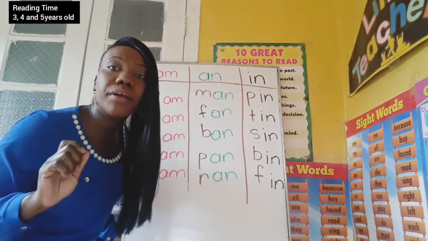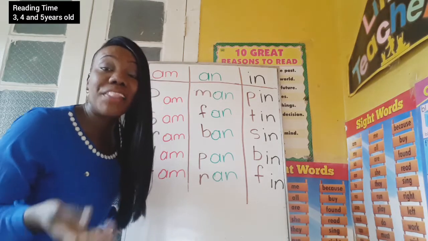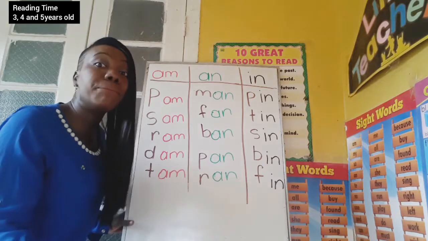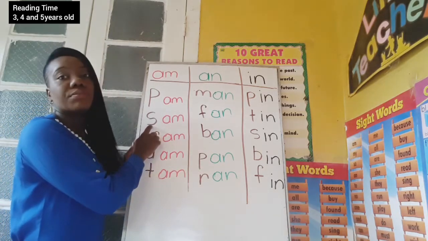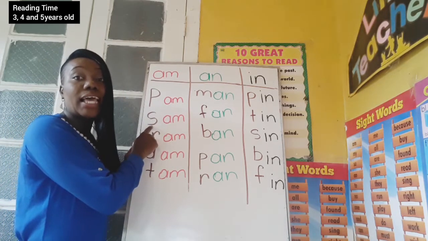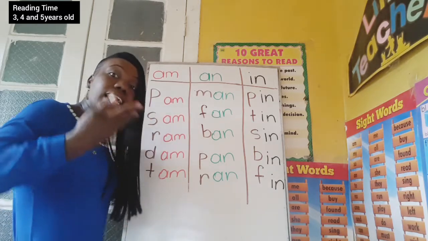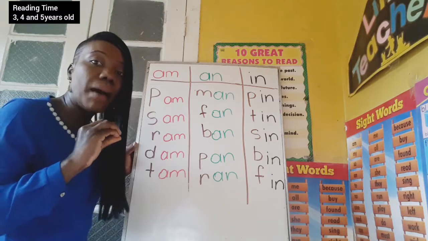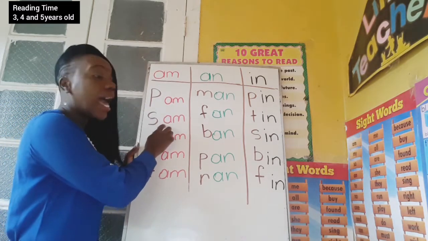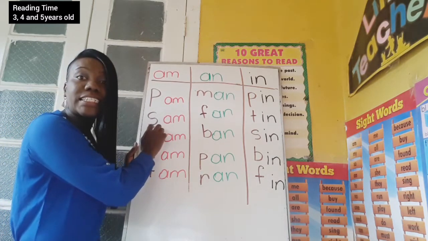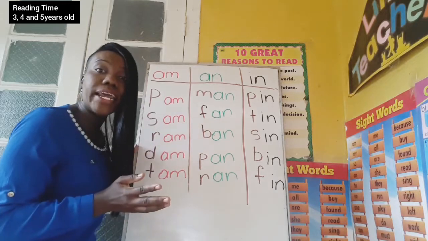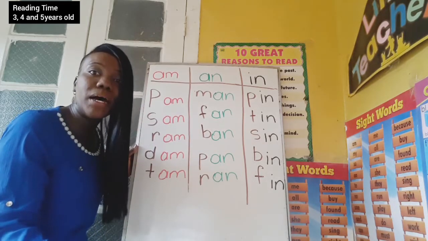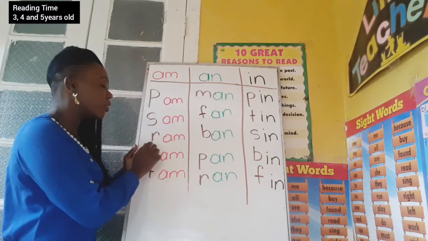And what's that word? Pam. And next, what letter is this? S. And S says S. So let's make the sound and put it with the am. S. Am. And the word is Sam. Lovely. Moving on.